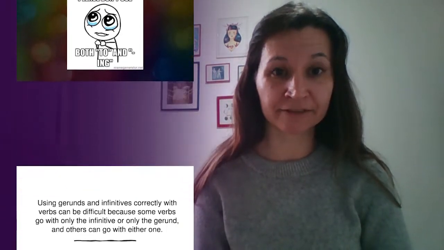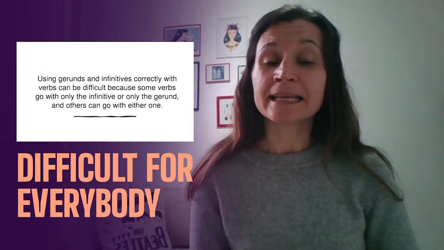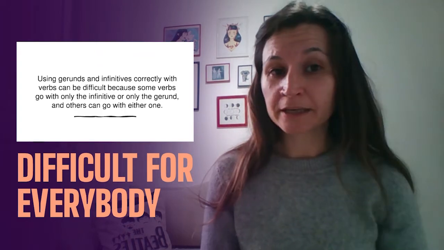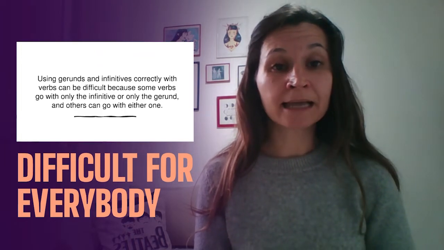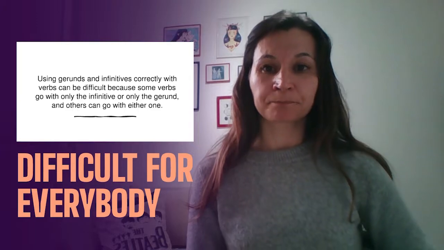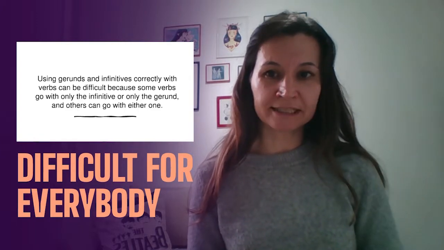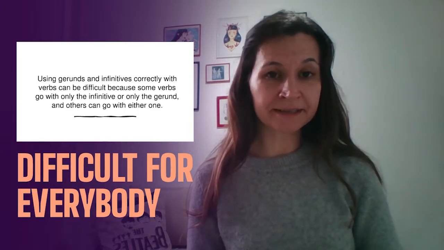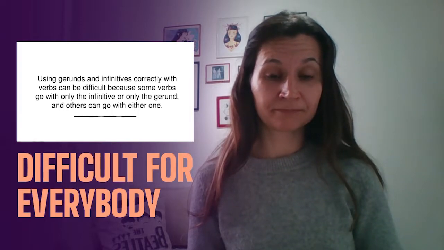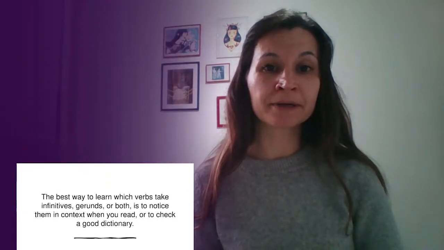Never both. You're not gonna use infinitive and ing: one or the other, or none. There is a bare infinitive, but we're gonna see the bare infinitive next unit. It is difficult for everybody, native speakers and learners. It's hard because sometimes you take only infinitive, sometimes only gerund, sometimes both, and you need to remember those things.